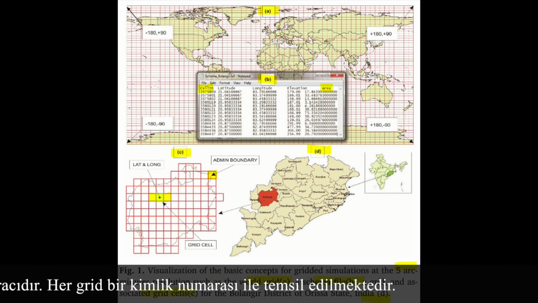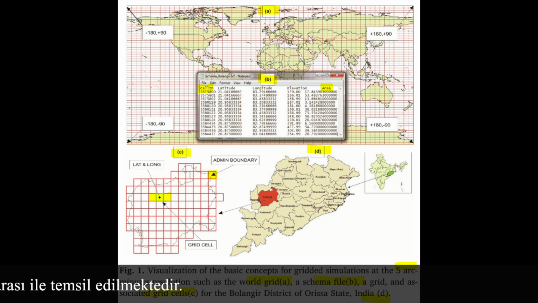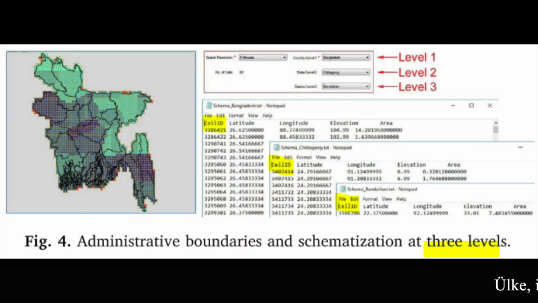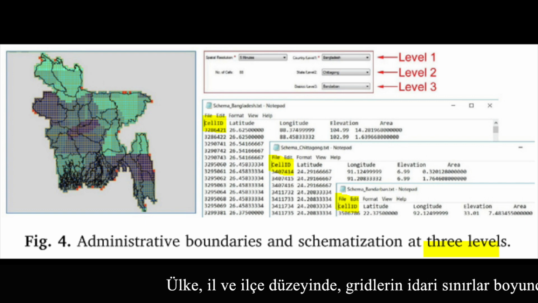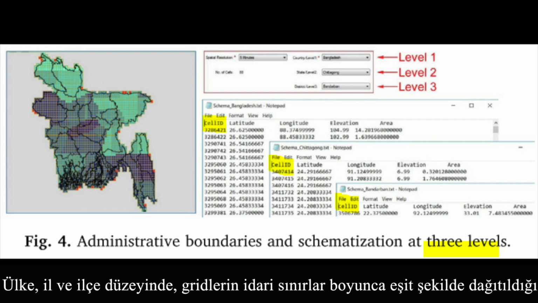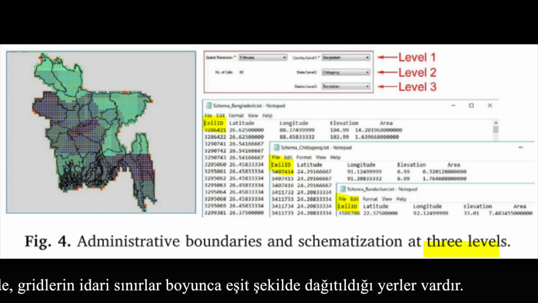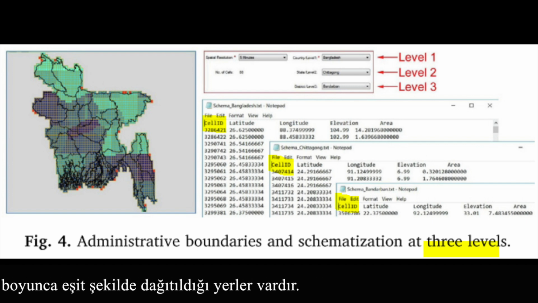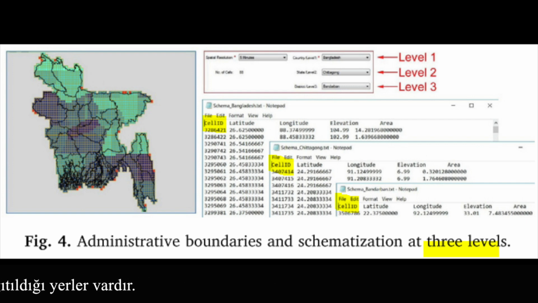And it's a grid-based simulation. Each grid has one ID. There are 3 levels, country, province, and county level, where grids are evenly distributed over the administrative boundaries.